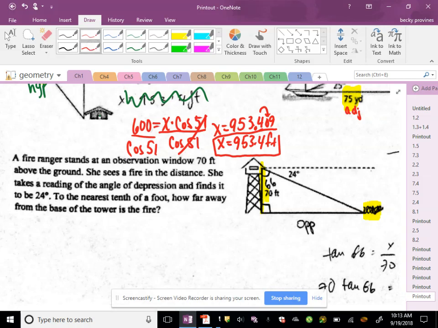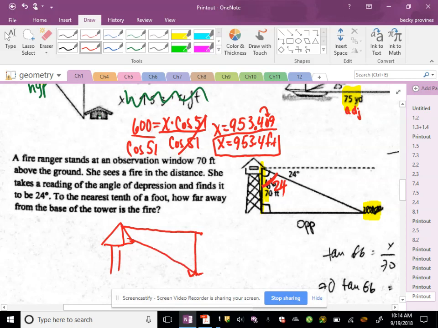Okay, here's the tricky thing. A lot of people think the 24, and I'm going to do this wrong, they think the 24 goes here, but it doesn't. So here's what's really happening. If here is your building, and that's a horrible building, and here's your fire, technically, remember how you have that line of sight that's horizontal, and then you're looking down at the fire.